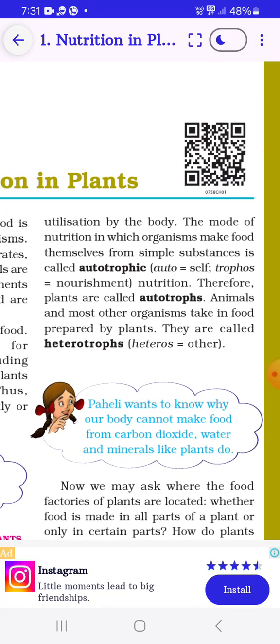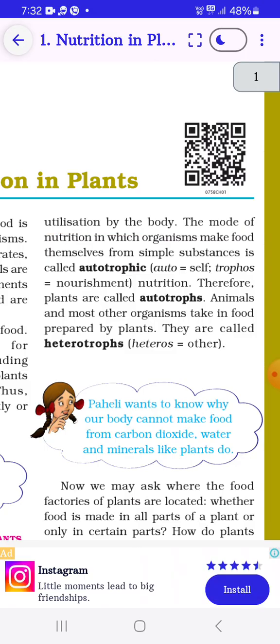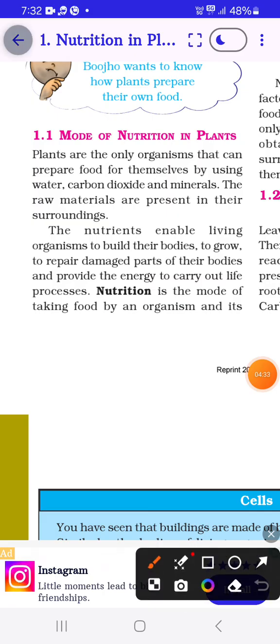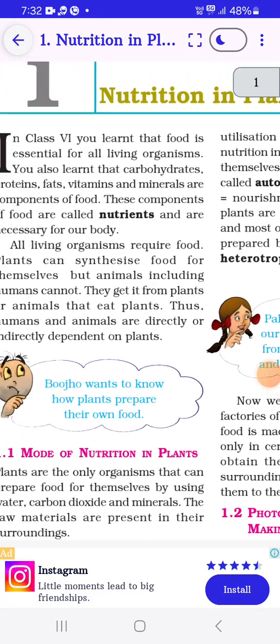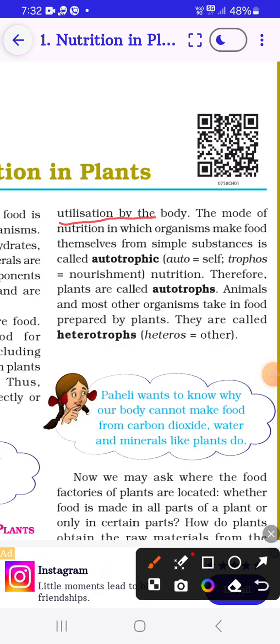Third paragraph. Utilization by the body. The mode of nutrition is the mode of taking food by an organism and its utilization by the body.